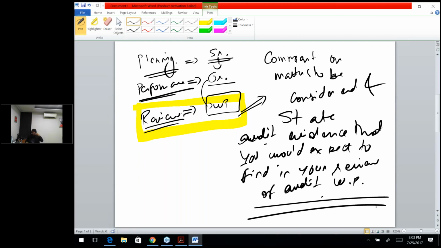So that's what it says. Comment on the matters to be considered and state the audit evidence that you would expect to find in your review of the audit working paper.